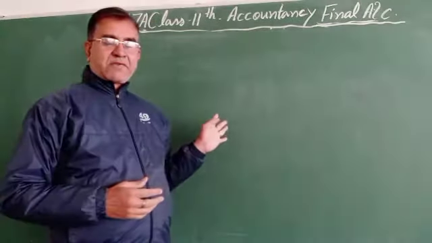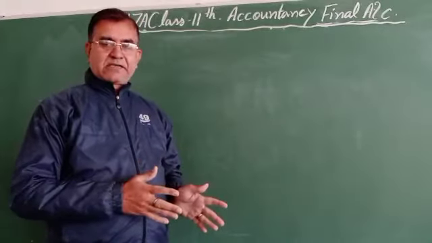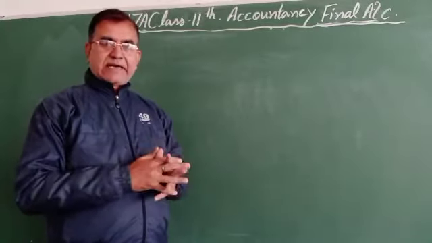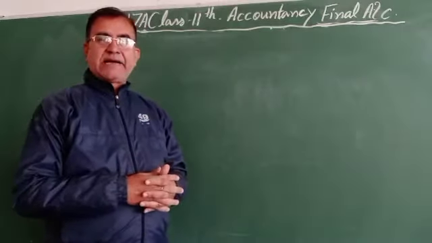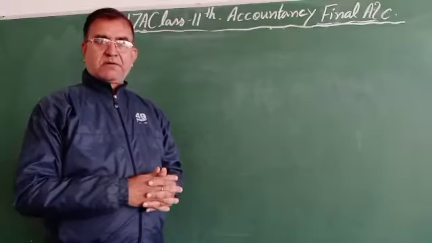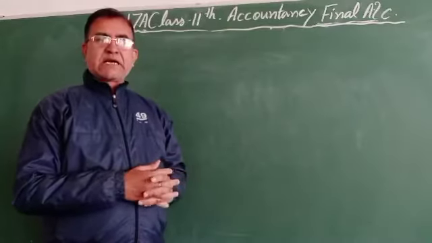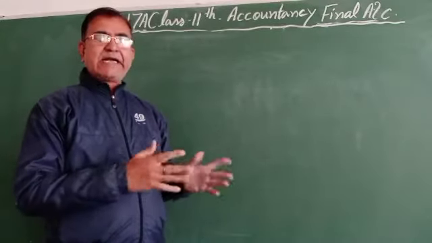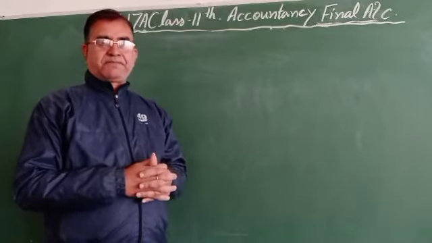In the format of the trading account, opening stock, purchase and purchase returns and all the direct expenses involved in production and bringing the goods to the godown. These are the direct expenses directly involved in purchasing of goods and production of goods.